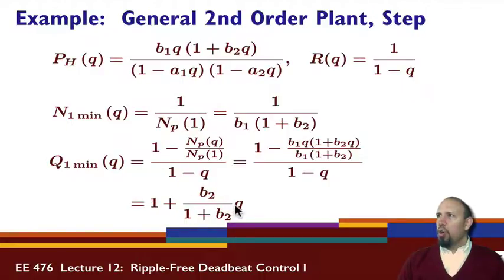So Q1 min, in this case, is actually only a function of B2. It's not a function of B1. But I have an exact expression for this. So notice the B1's canceled here. The 1 plus B2 in the denominator remains. And anyway, this is what I get when I do the polynomial division here.